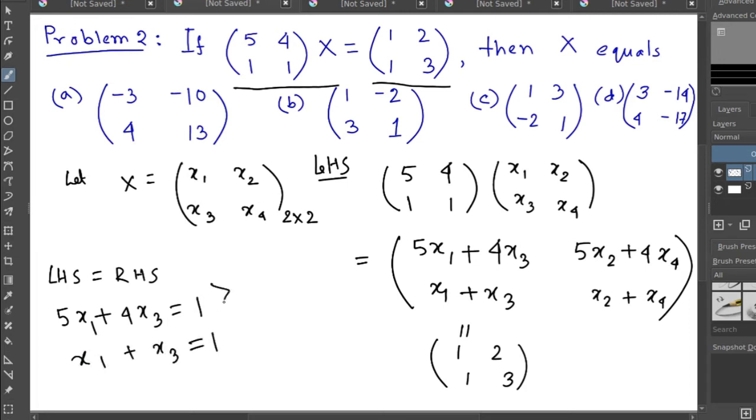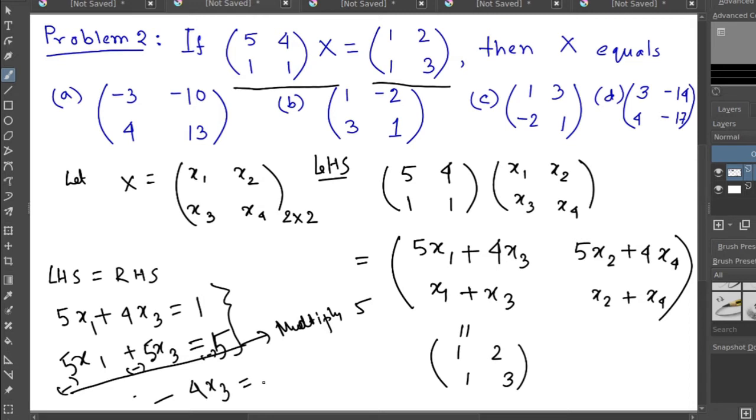If we solve these equations, multiplying by 5 on both sides, we get 5x1 plus 5x3 equals 5. Solving this, we get minus 4x3 equals minus 4, which gives x3 equals 1. Okay, we are getting that x3 equals 1.